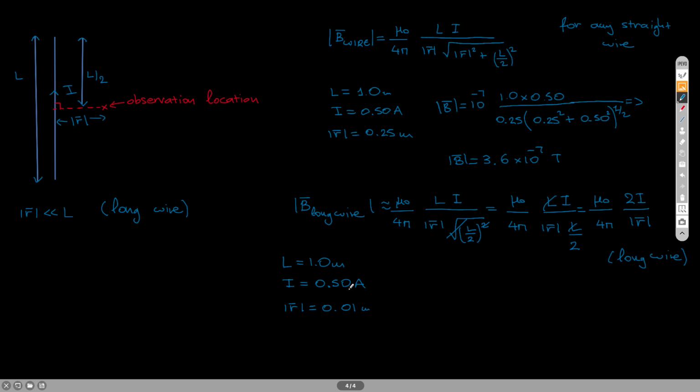So in this case, because R is much less than L, if I want, I can use this. I don't want to though. I know that this statement is true, so I'll go ahead and use the simpler expression for the magnetic field.